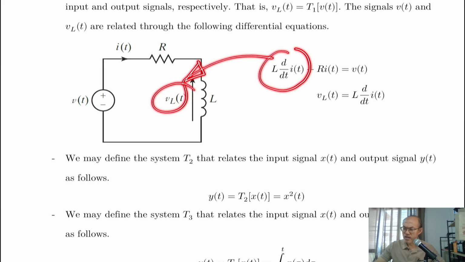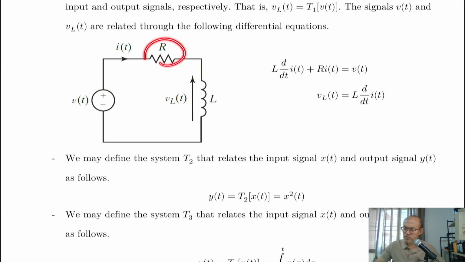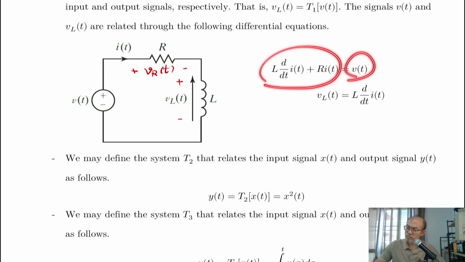So this is VL, and the voltage across the resistor is according to Ohm's law, so iR, this is VR. If we add VR and VL together, the result would be V.